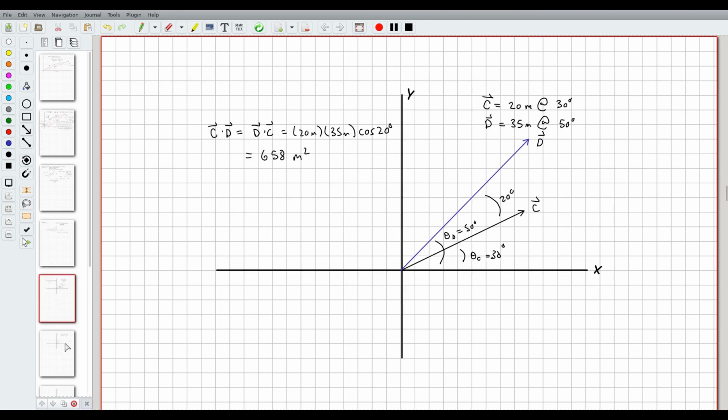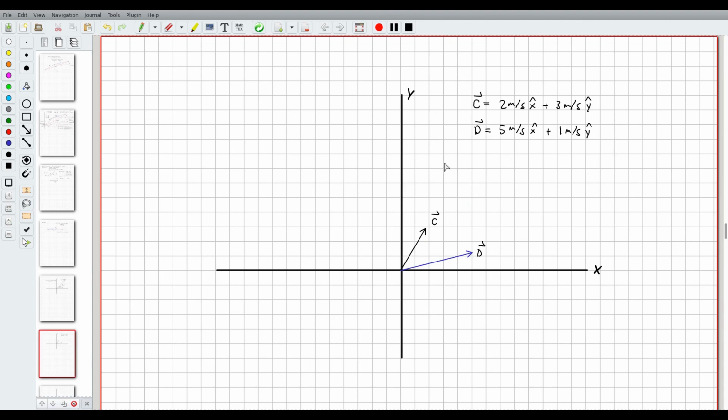So here, 2 times 5 is 10. 3 times 1 is 3. 10 plus 3 is 13 meters squared per second squared, whatever that is.